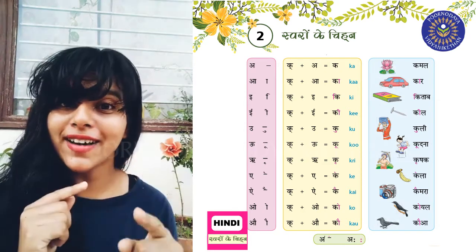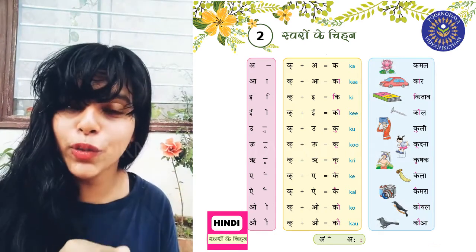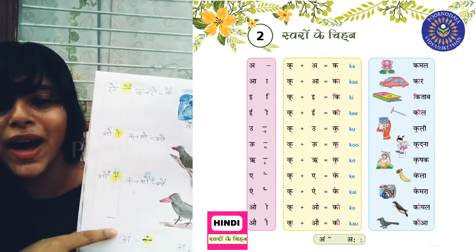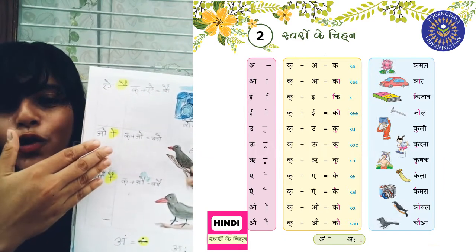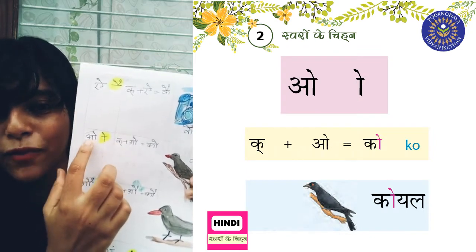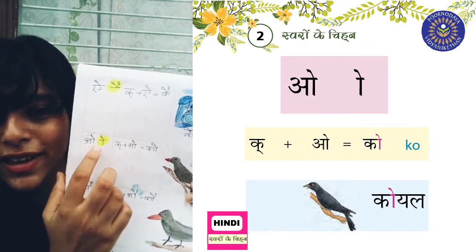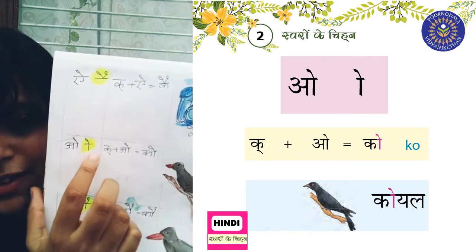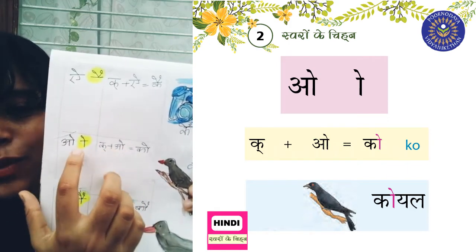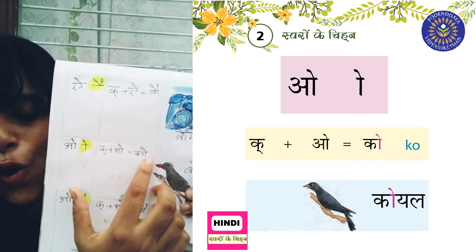Practice, learn slowly, pay attention. On the right, on the left side are matras. Then you combine the Vyanjan letter with swar, and then the swar is written like this in form of matras. So when you combine ka with a swar, it gets replaced with its matra, like ko.